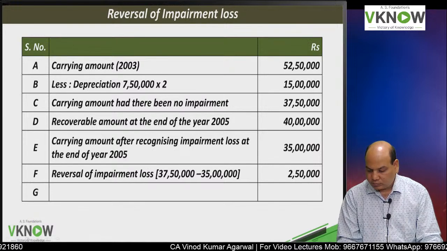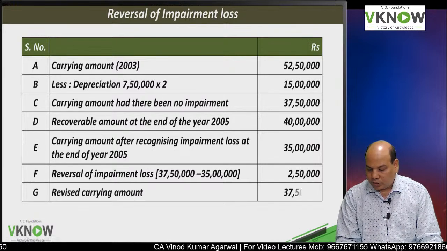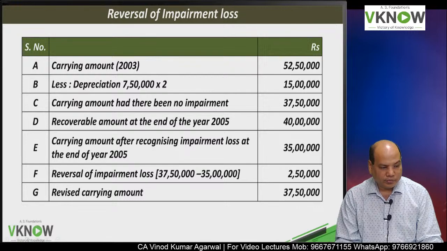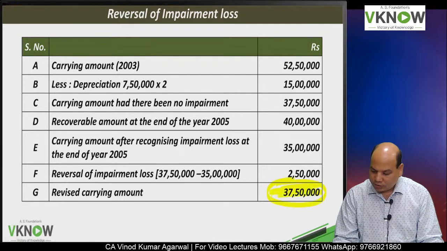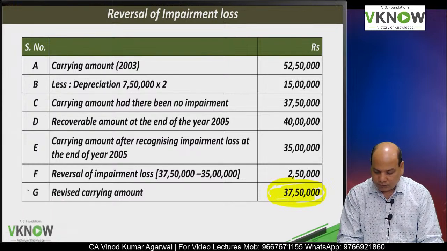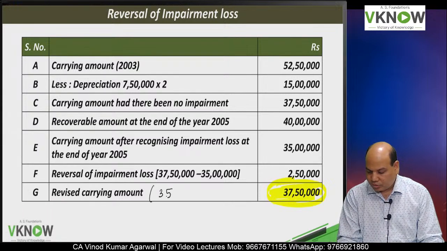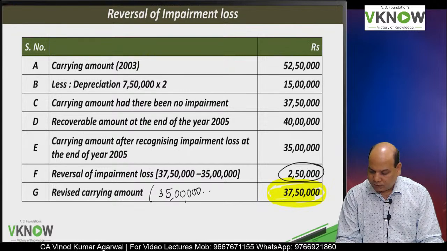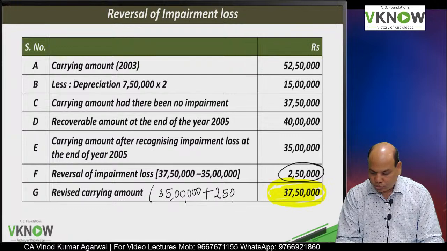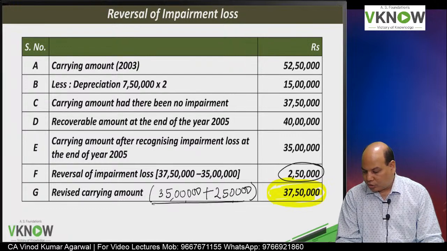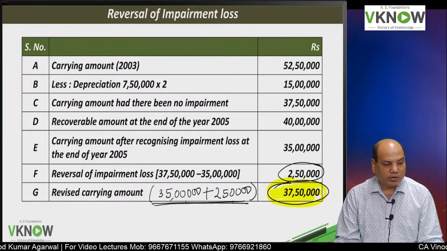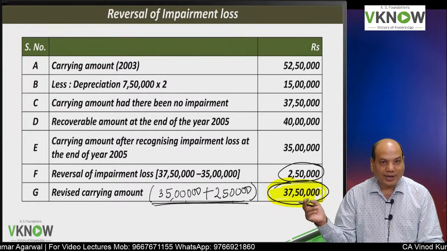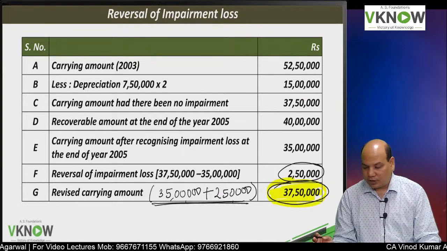Is it right? After reversal, the carrying amount will become 37,50,000: your current carrying amount of 35 lakh plus reversal of 2,50,000. Now your book value will again become 37,50,000 and you have to depreciate that amount over the remaining 5 years.